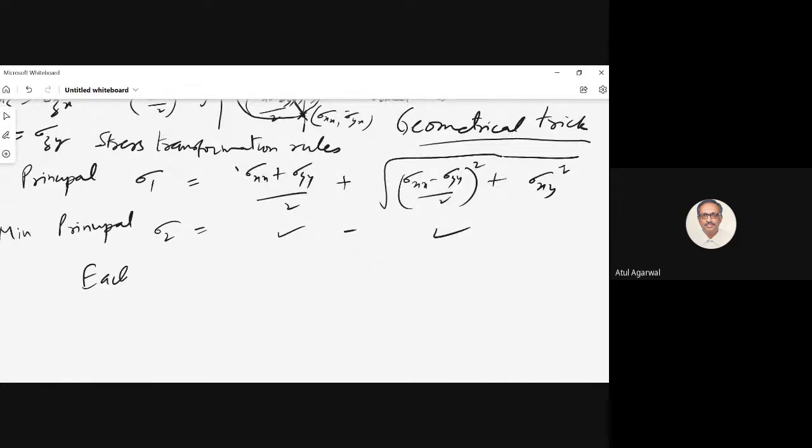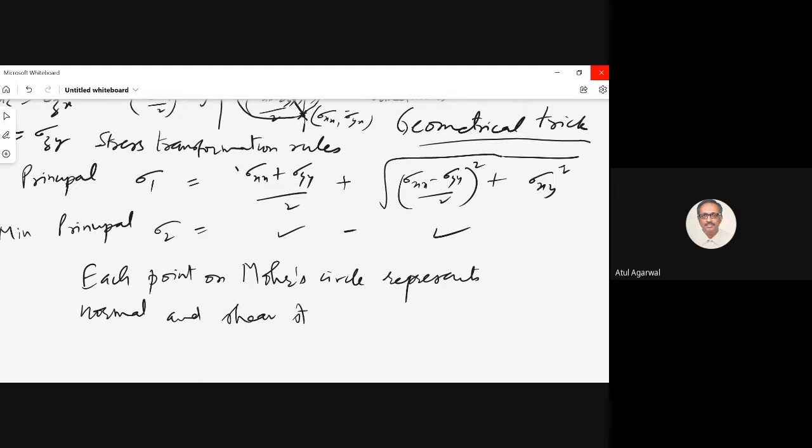Each point on Mohr circle represents normal and shear stress on a plane. Okay.